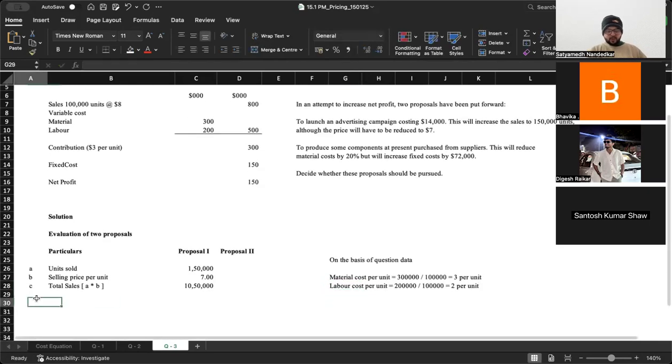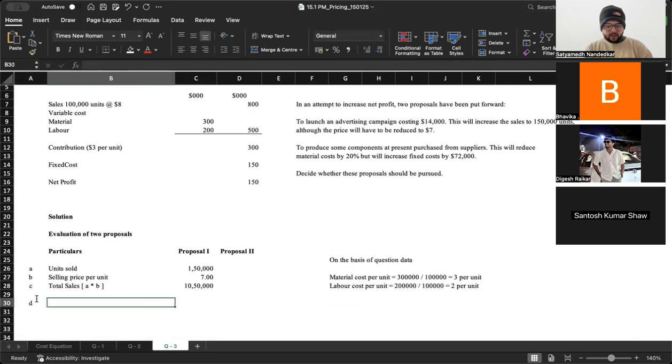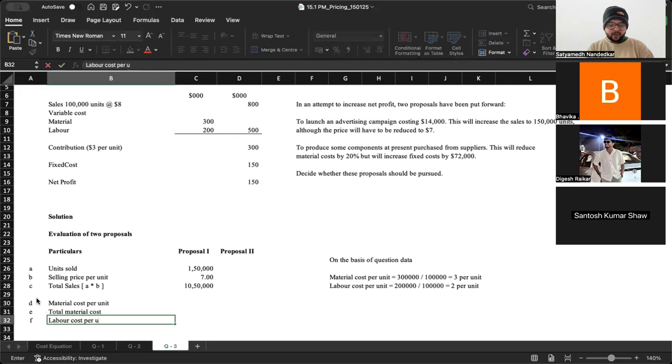ठीक है, so यहाँ पे let's write down material cost per unit that we have calculated, then total material cost, F, you will have your labor cost per unit, G, you will have total labor cost.